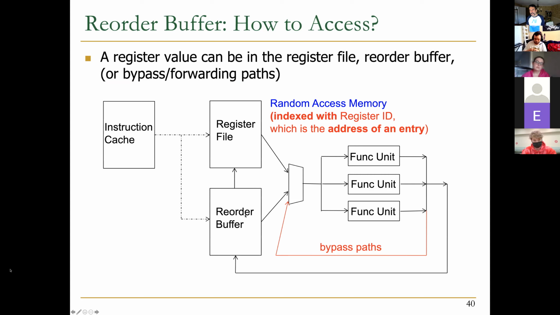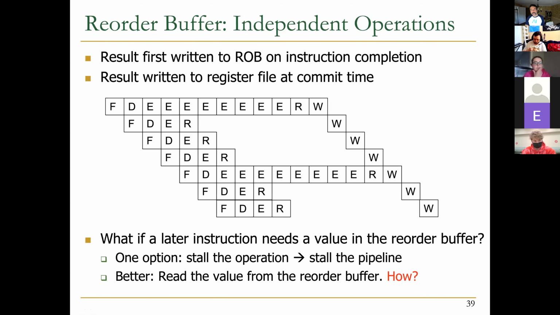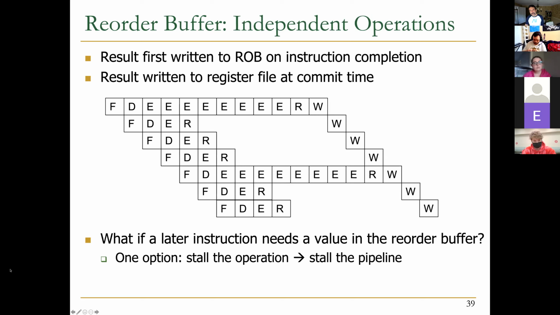And yes, some detail about implementation, how this thing would happen. This would also provide a nice way of forwarding values if there is a dependency, because here we assume that there is no dependency between the instructions. But if there is a dependency, say between this one and the third one, these values are written here, and we do not need to wait until we write to the architecture.